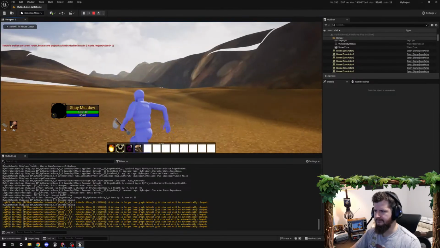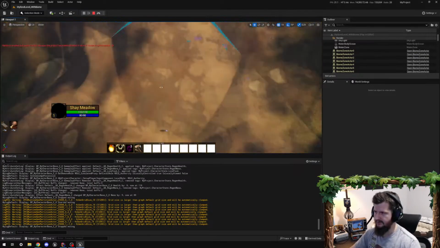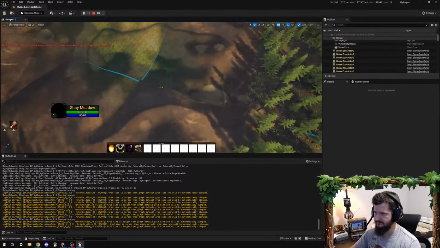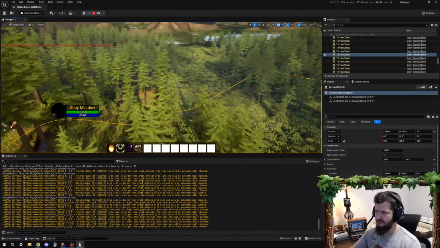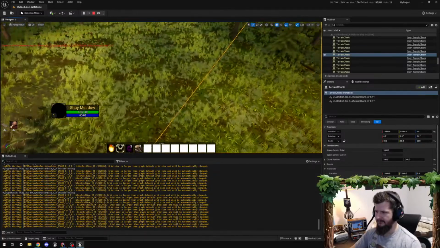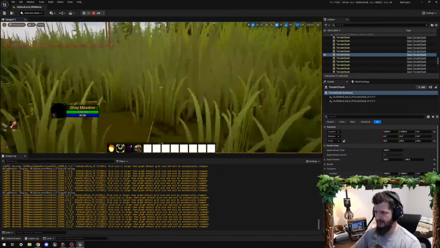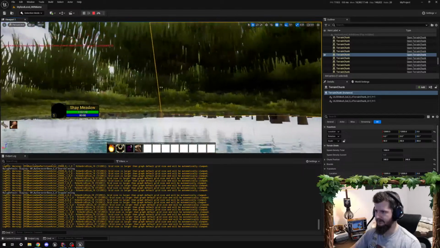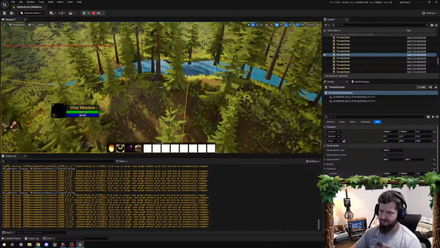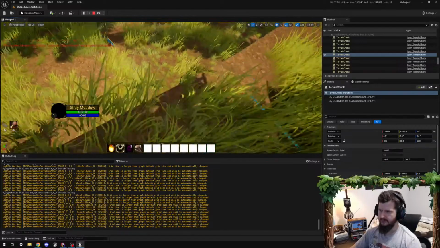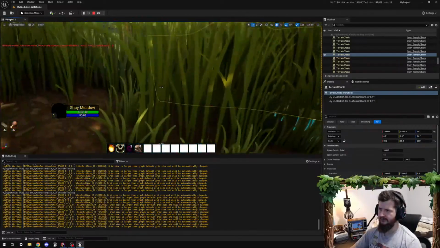Okay, we're still off. So let me check this out. Do any chunks line up? And do they line up perfectly? These two seem to line up quite nicely. Oh, they don't line up perfectly.